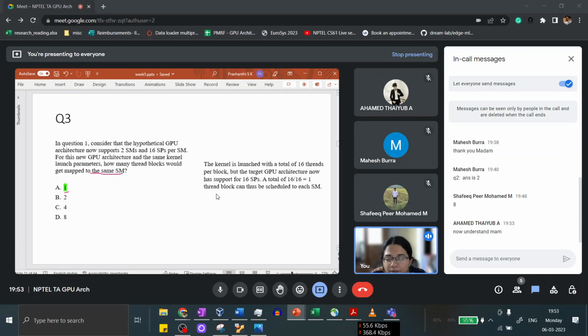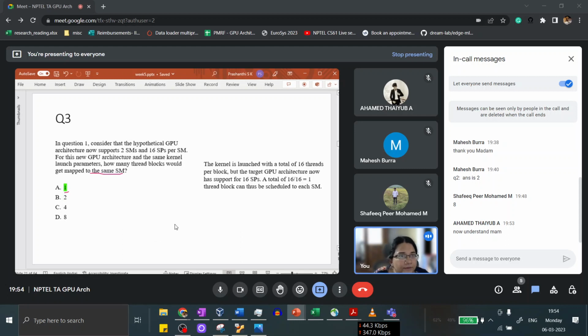You wouldn't want to put all of them on one SM, because then the others are going to sit idle. You can also think of it as if you were managing a team and you had some amount of work and some number of people, you wouldn't want to typically give all the work to one person and let the others stay idle, because that's not utilizing your team very well, right? So that's the idea behind this question.